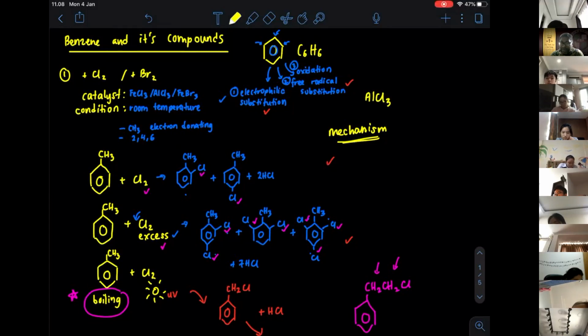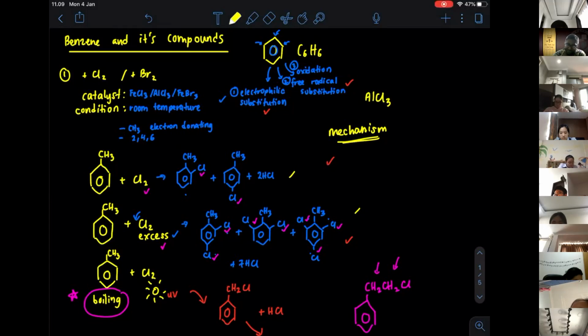The instruction will be very clear. It's not like when they ask what is the reaction, then you just write the reaction only. But when they ask for the mechanism and say draw the curly arrow, then you need to draw it that way.